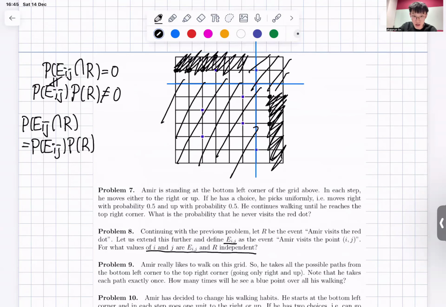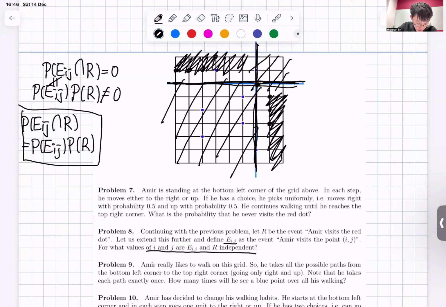I also have written a Python program for this. Oh no, I didn't write a Python program for this, but you can find for every point, you can divide it into this 6 by 6 grid first, and then you calculate the probability of each point in this grid. And then you see which points have this relationship, then they are independent.